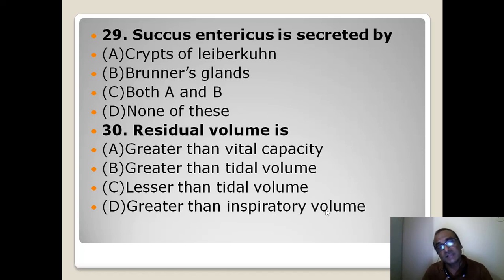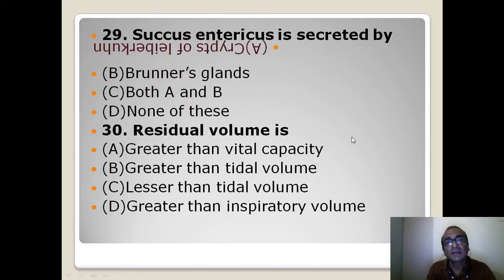There are Brunner's glands also in the small intestine, in the duodenum region. Brunner's glands mainly produce large amounts of mucus and alkaline fluid, but not the digestive enzymes. So the digestive enzyme-containing succus entericus is mainly coming from the crypts of Lieberkuhn. So A should be the right option.